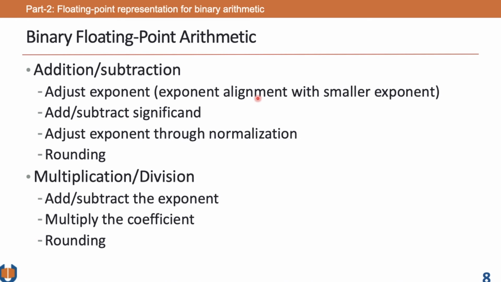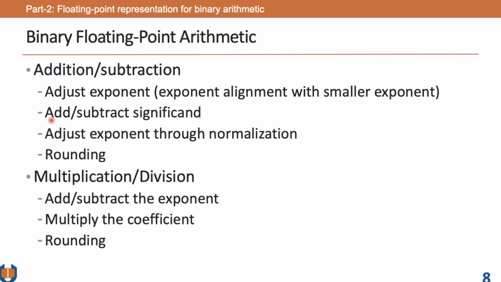If the exponents of the 2 operands are the same, we don't need to do this operation. But if the exponents of the 2 operands are different, we have to align to the smaller exponent and change the coefficient according to the alignment. We will show it in the whiteboard example.